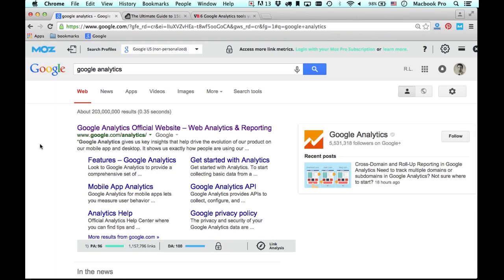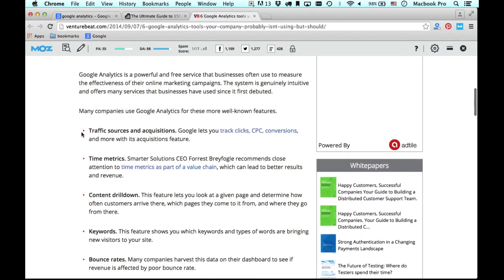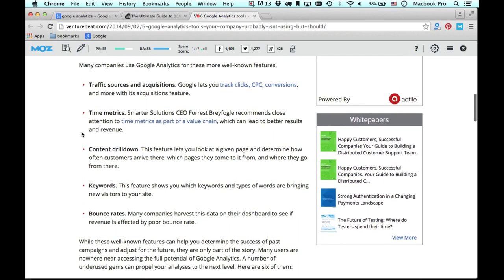And I do want to discuss a few of the things that are important with Google Analytics. There are 5 different sections that are pretty important. You have the traffic sources and acquisitions: the clicks that are coming in, where they're coming from, and so forth.